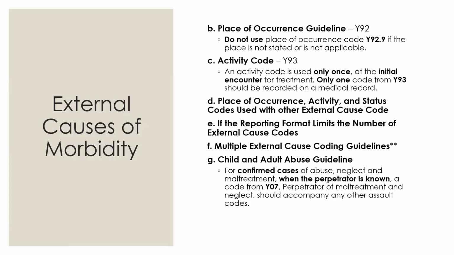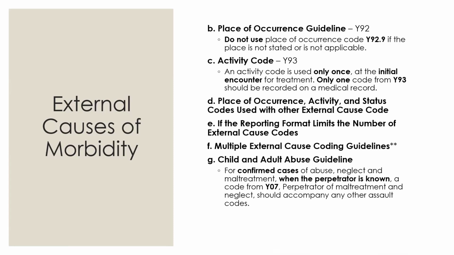For additional information for this, you can see section IC19 for child and adult abuse guidelines. External cause codes for terrorism events take priority over all other external cause codes except child and adult abuse.